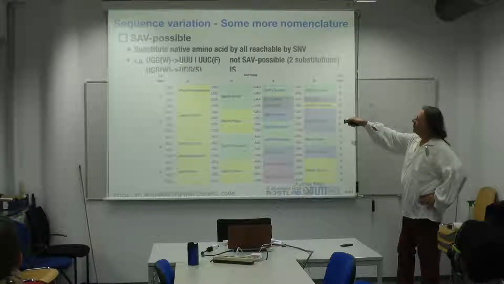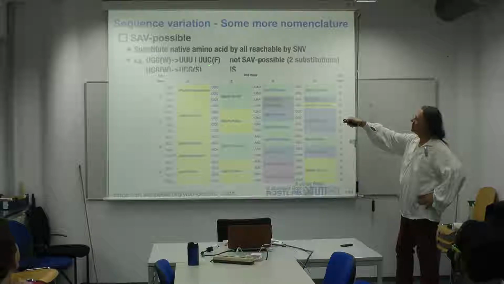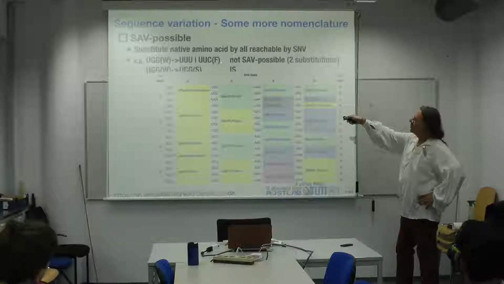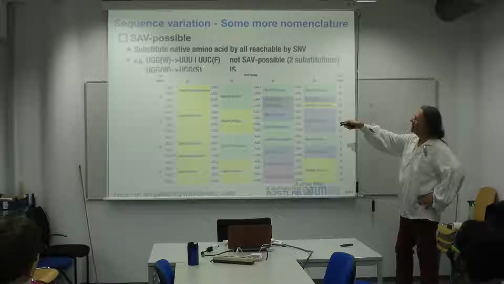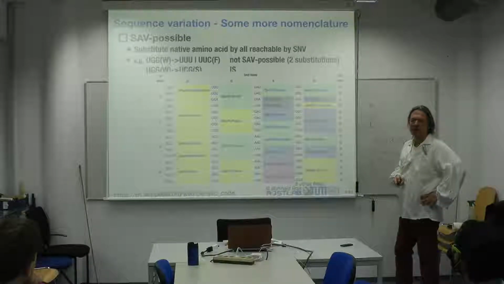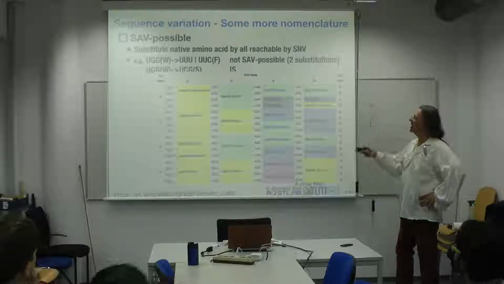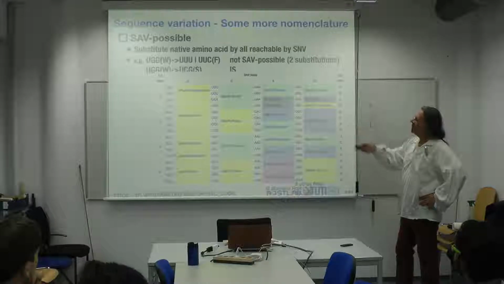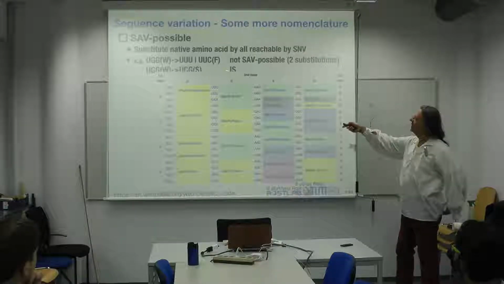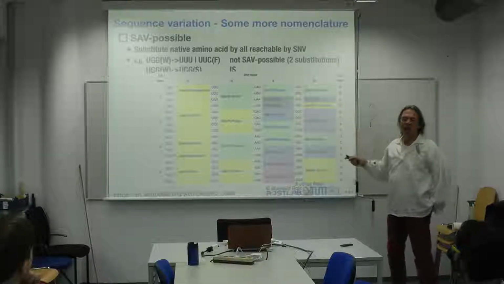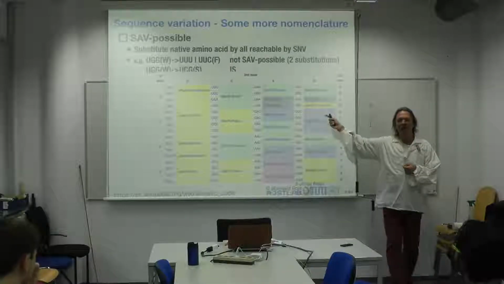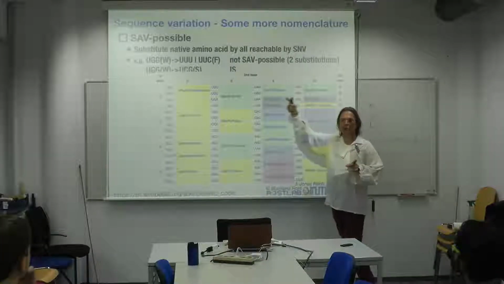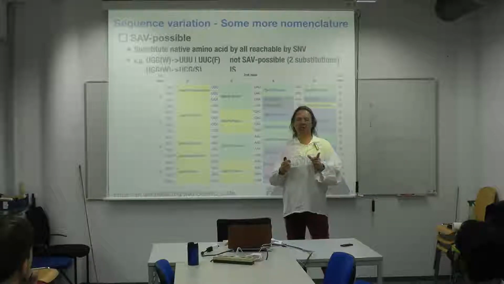The other two, UUU and UUC, would code for an F, but you see this is not a single nucleotide change. You change the amino acid through changing 2 nucleotides in order to get to an F. So in that sense, it's not SNV possible. You cannot get from a W to an F with 1 nucleotide change.